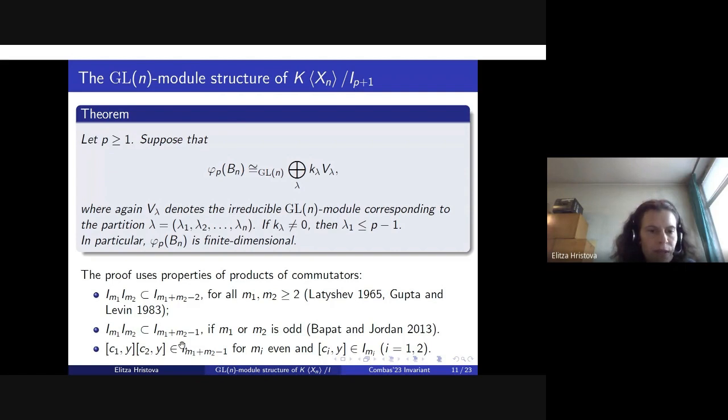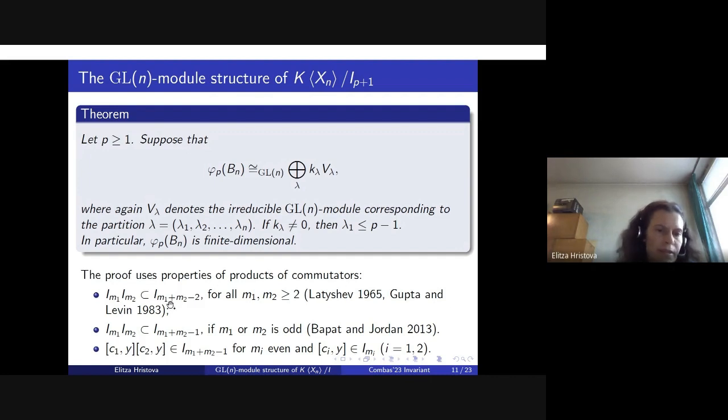But there is one additional property here that we add. And it is that we can still multiply two ideals of even length and land in the ideal generated by commutators of length m_1 plus m_2 minus 1 if the last entry in the two ideals is the same.